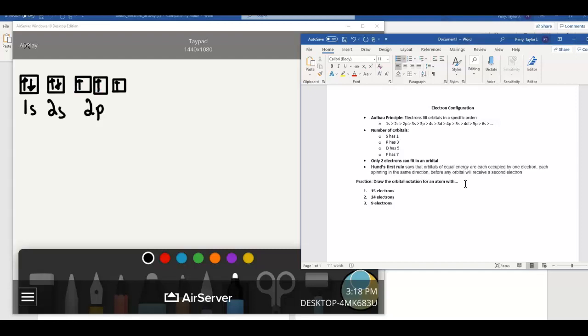I'm always making sure that I have the up arrows before I do the down arrows, because that's what Hund's rule says. It says they're only occupied by one electron spinning in the same direction before any orbital will receive a second electron. Now that all 3 of these have the same electron spinning in the same direction, I can now fill in the rest.